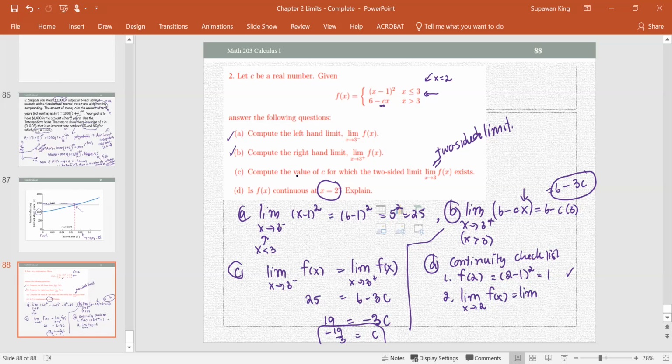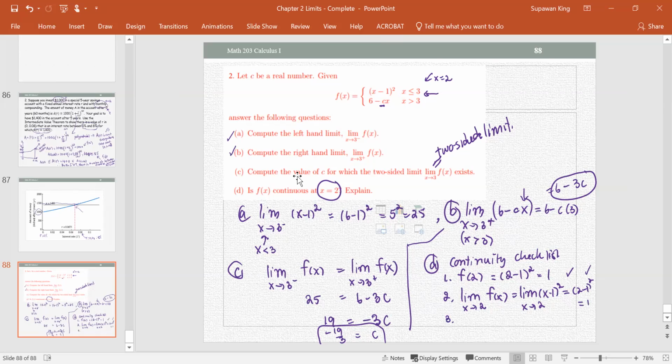So we find the limit of x minus 1 squared as x approaches 2. It's convenient that the function is continuous, since it's a polynomial function. We can do the direct substitution to get 2 minus 1 squared, or 1. So we can find the two-sided limit, and we can find the function value.